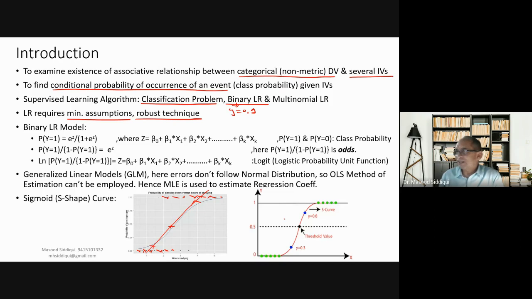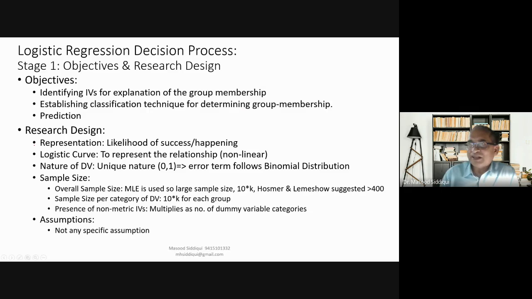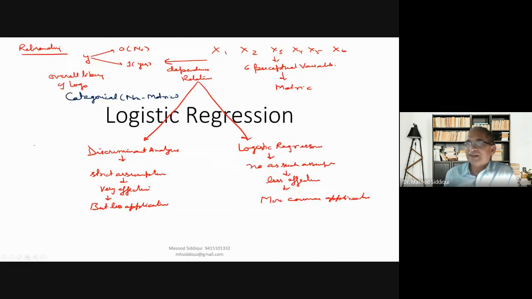So instead of the regression line, we consider this S-shaped curve, and this S-shaped curve is known as the sigmoid curve or sigmoid function. Now how does it come about? Here we consider the probability. So let me explain.